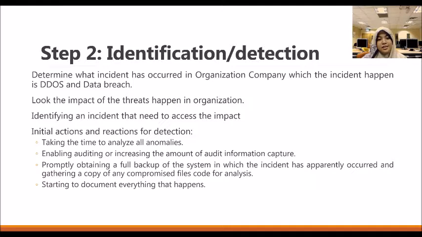Identify an incident that needs to assess the impact, initial actions and reactions for detection, taking the time to analyze anomalies, enabling auditing or increasing the amount of audit information captured, promptly obtaining a full backup of the system in which the incident has apparently occurred, and gathering a copy of a compromised file or code for analysis, and then starting to document everything that happens.